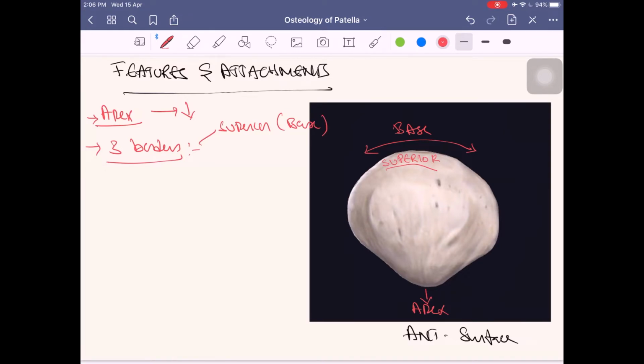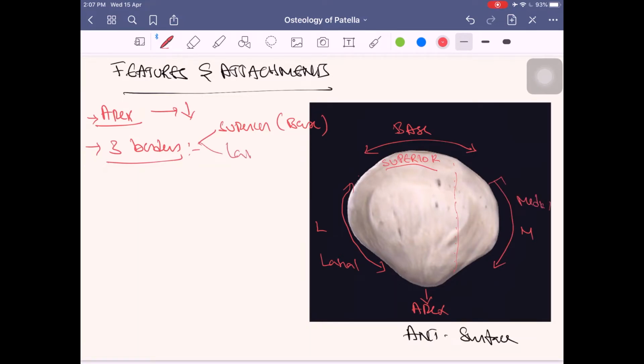So if you see posteriorly, we know whichever side is a larger lateral area, you will call lateral. So this is right patella, so this should be the medial. This is your lateral. Somewhere at the back, you will be having a vertical ridge dividing like this, a faint ridge. So I will call this border as a lateral border, and this border will be a medial border.